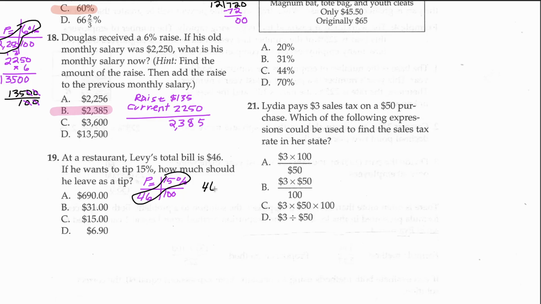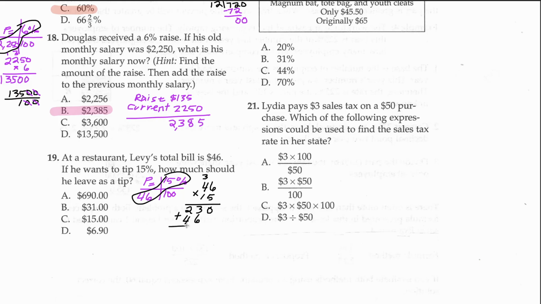So let's do the math here. 46 multiplied by 15. That's the first step. 5 times 6 is 30. Carry 3. 5 times 4 is 20. That's 23. 1 times 6 is 6. 1 times 4 is 4.